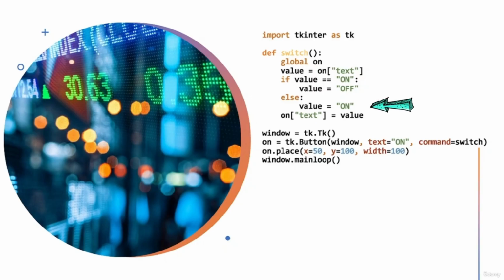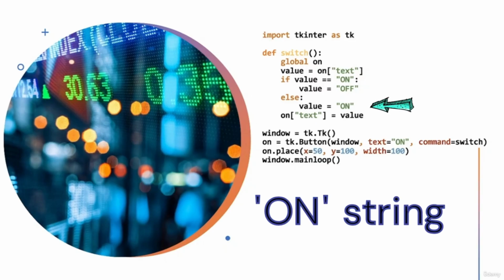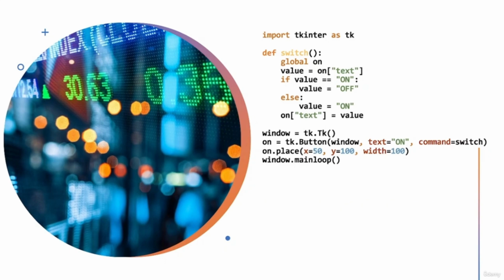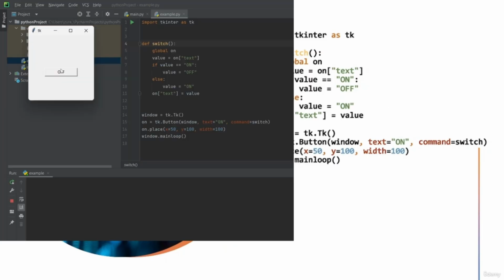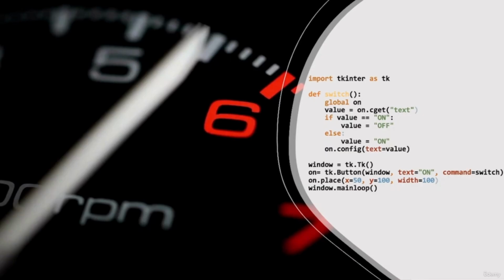Else, we will assign the on string to our variable. And finally, we will access our property again to update it with a brand new value. So this is how we are able to replace the text of our button to on and off with every click.